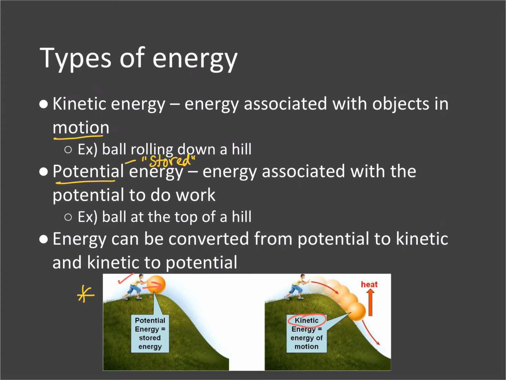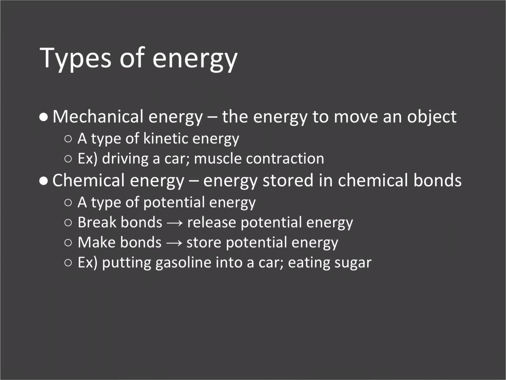And it's important to note that these two forms of energy can go back and forth. So energy can be converted from potential energy to kinetic energy and from kinetic energy to potential energy. We mentioned how there are basically two main types of energy.